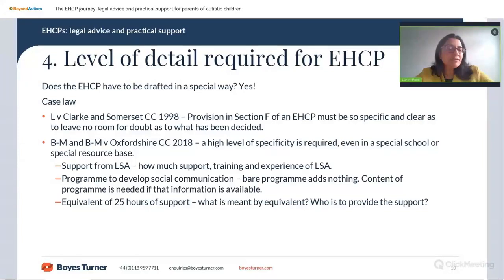For example, 25 hours of one-to-one support, or perhaps 1-2 support, or X number of hours of direct therapy from a speech and language therapist. And then you might also have how many indirect hours are needed by the speech and language therapist to, for example, provide training to school staff, and how often that training is to be provided. So a huge level of detail so that everyone knows exactly what is to be provided.